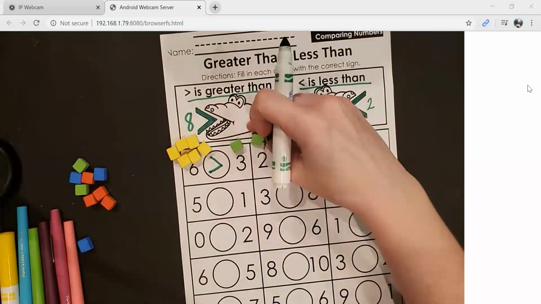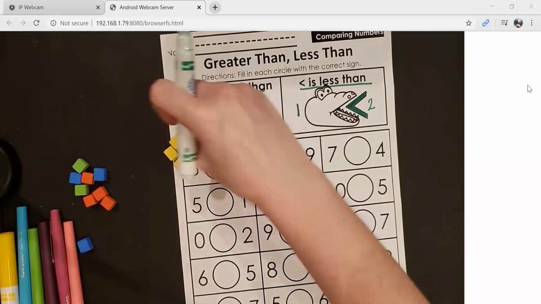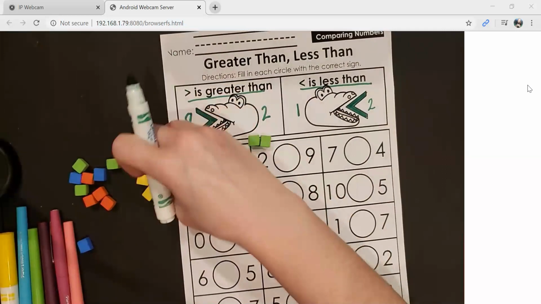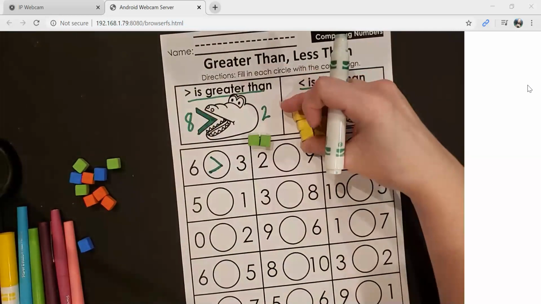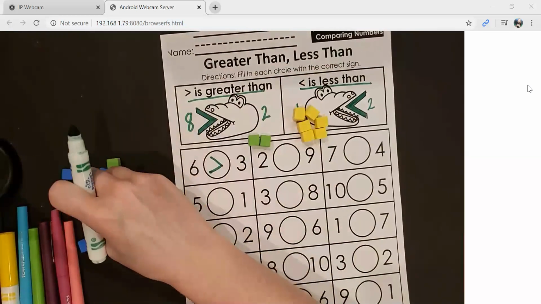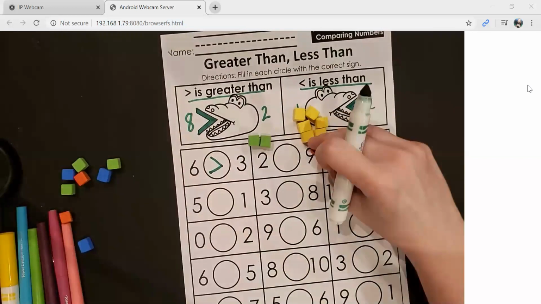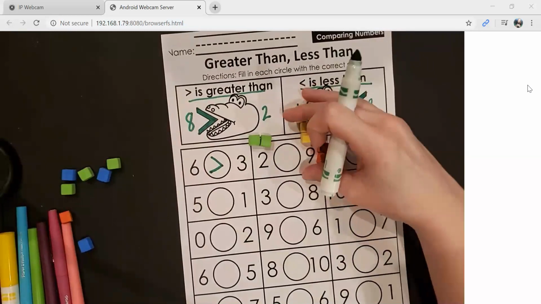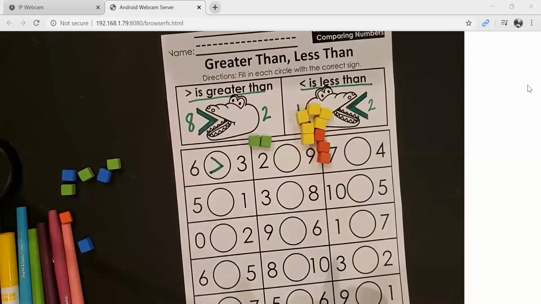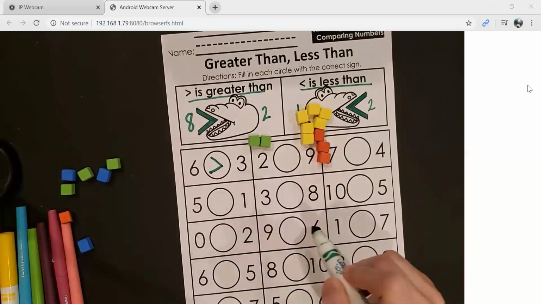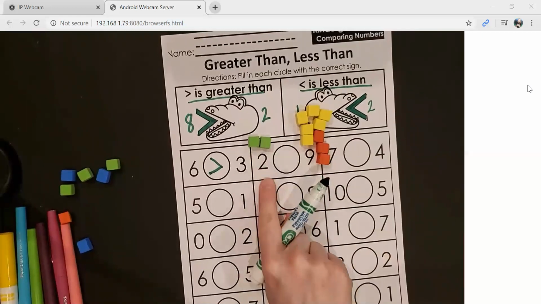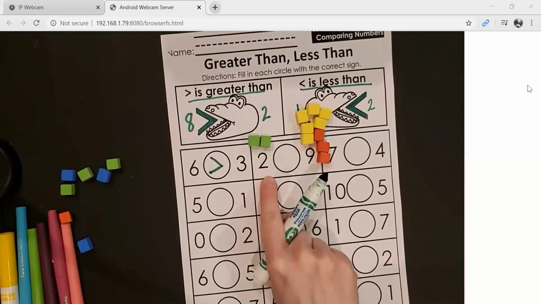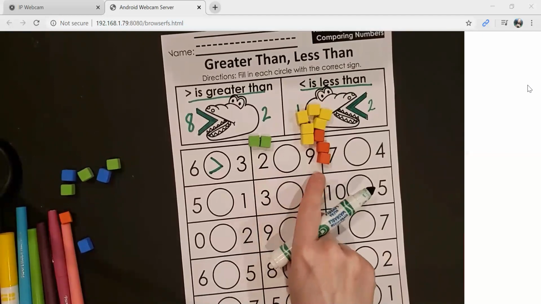Let's show 2 green, and let's see, I have 6 yellow, 7, 8, 9. So I have 9 on this side and only 2 on this side, representing this number. Your eyes can automatically see that 9 has more.